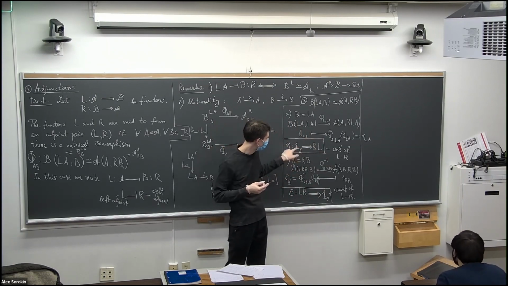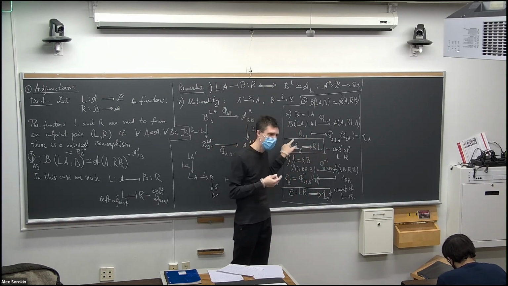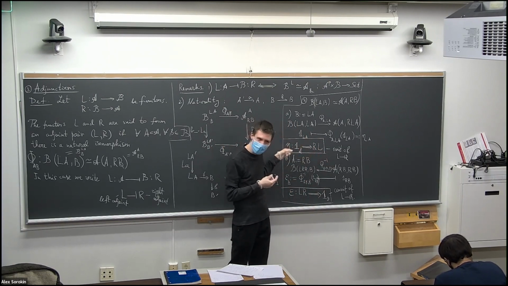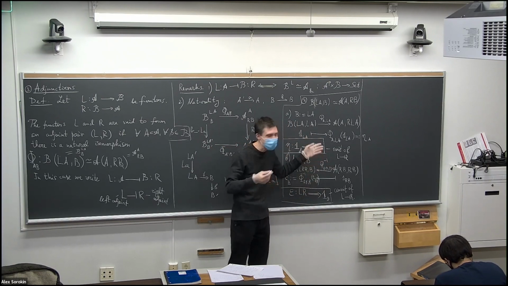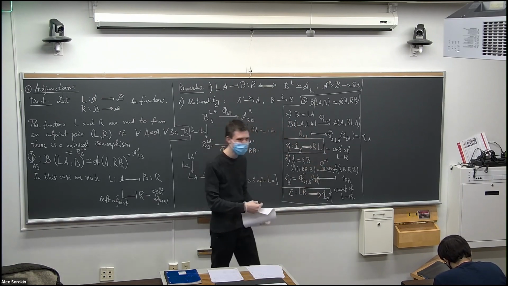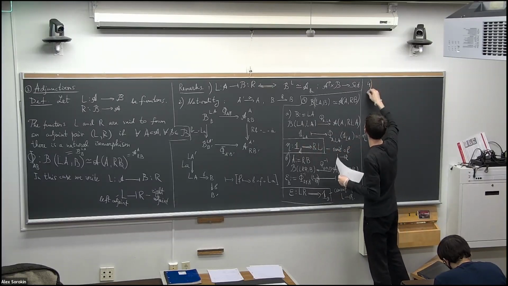So from A to RL, RL, real life. And all I think is that I should go from identity to real life. So to real life goes the unit. Here I don't know what LR is. So the opposite then is the co-unit.